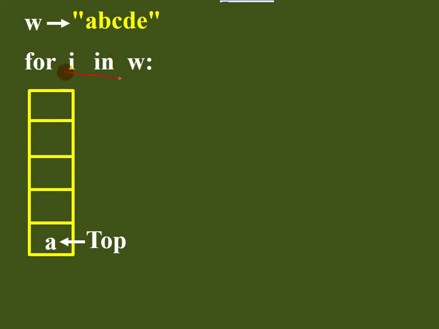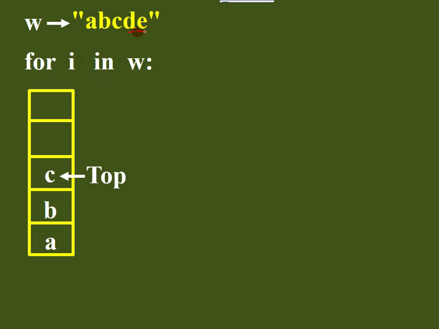Now for i in w will give you the next element of the string, that is b, and b should be pushed onto the stack. So now the topmost character is b. For i in w will automatically give you the next character of the string, c, that is pushed onto the stack, and top points to the topmost element c.